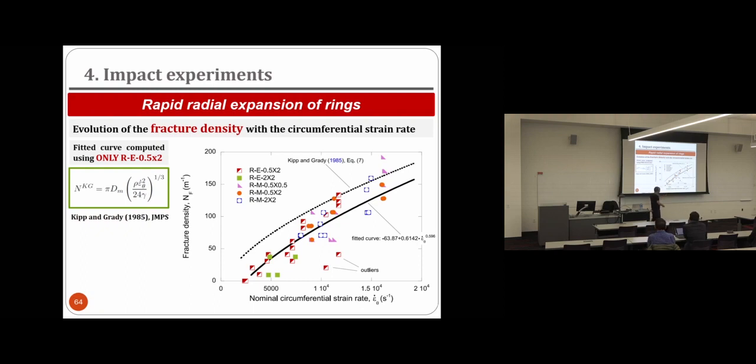And you can see that even if we have a scatter, which is coming from the porous microstructure of the material, we obtain a very nice trend with this increasing evolution in the number of fractures as a function of the circumferential strain rate, combining both the experiments performed in Austin and the experiments that we performed in Madrid.